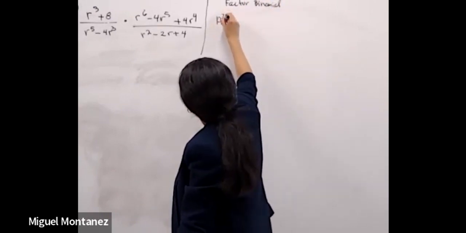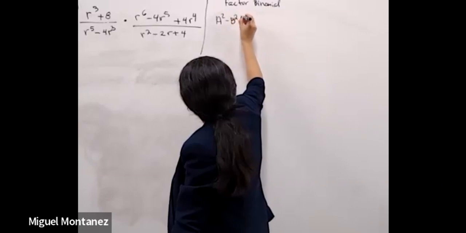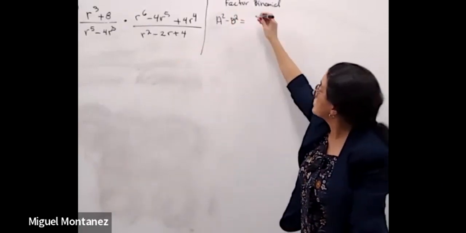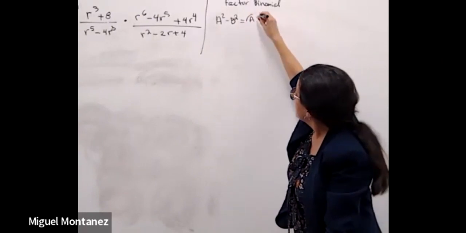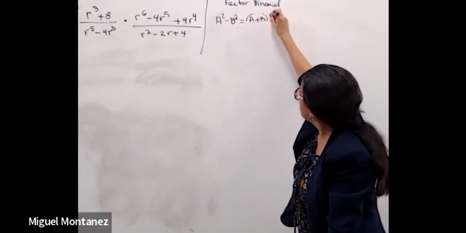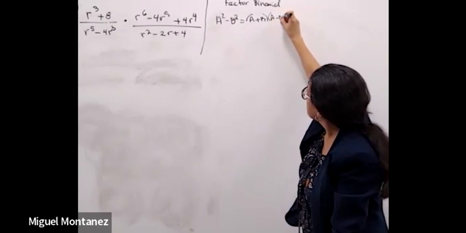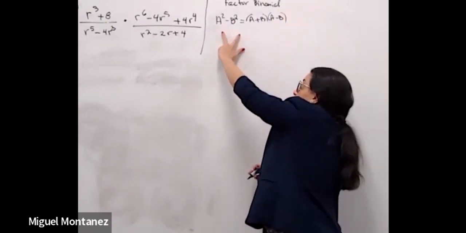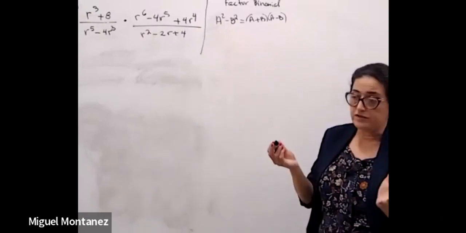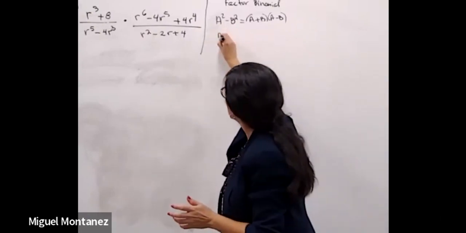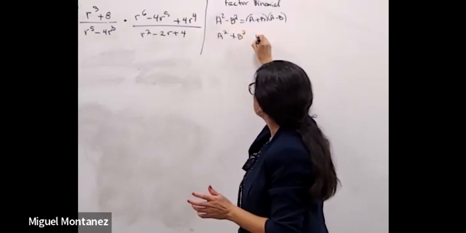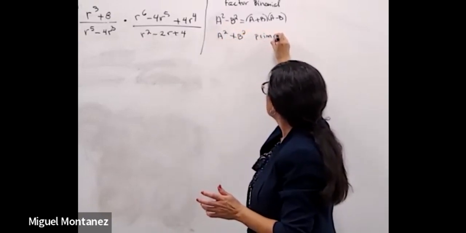It was the difference of squares: a plus b, a minus b. We also had the sum of squares, but the sum of squares did not factor. We called it prime, it does not factor.